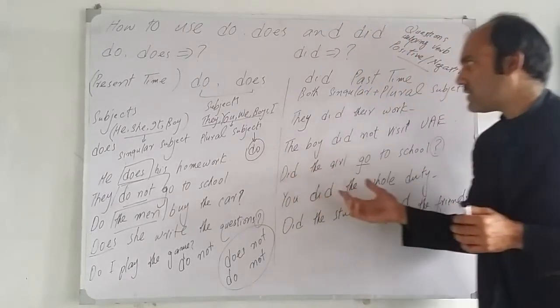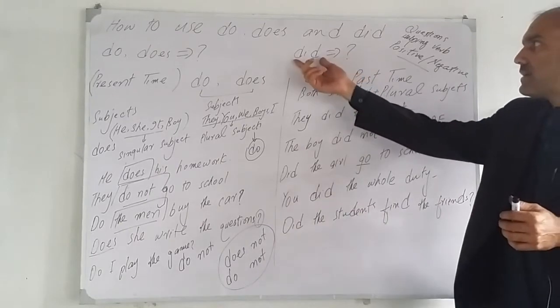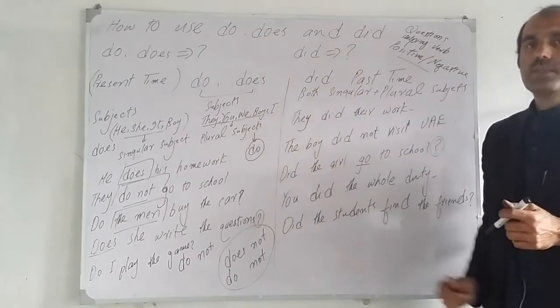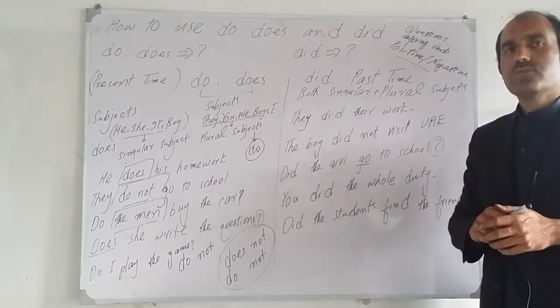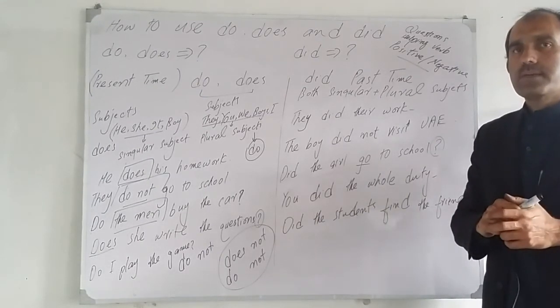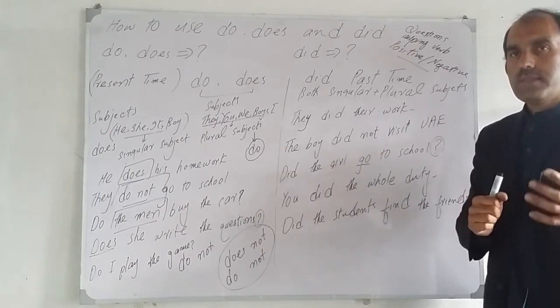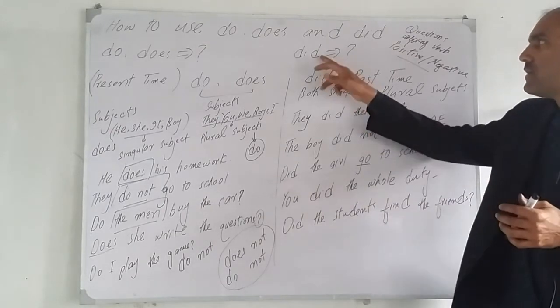Now come to this side. You can see did here. Did, this is the past form of do. We say do, did, and done. Did, this is the second form, and this is called the past form of do.